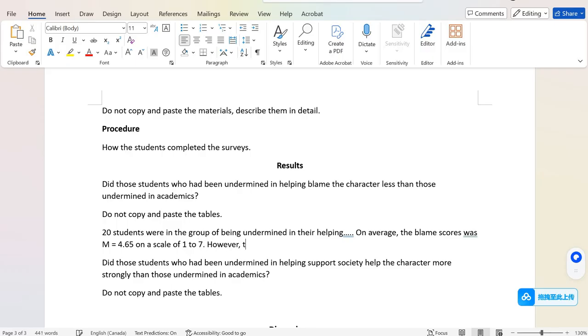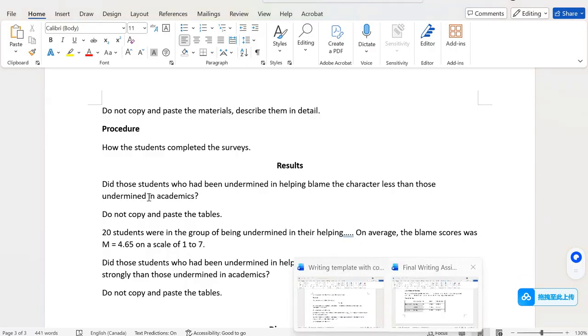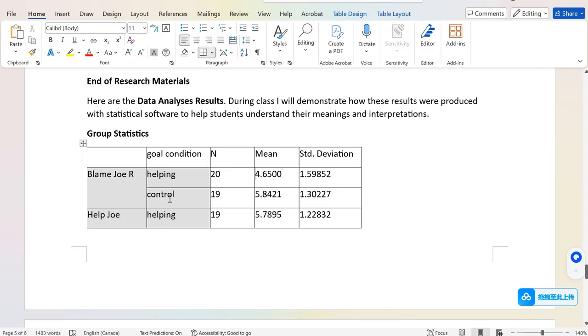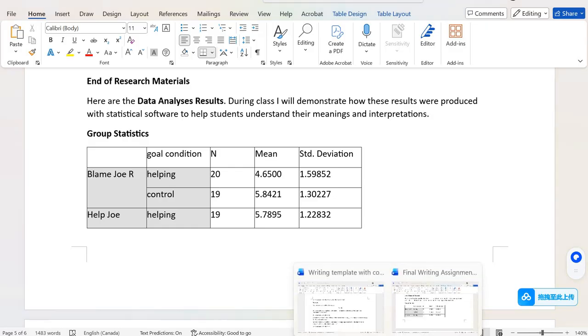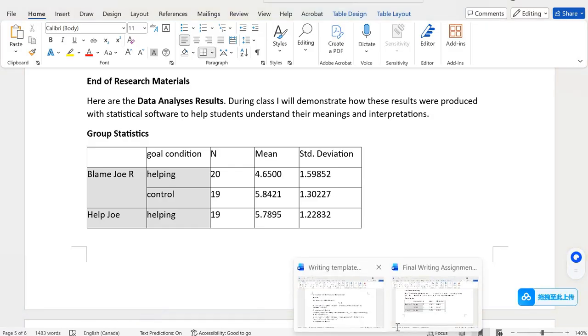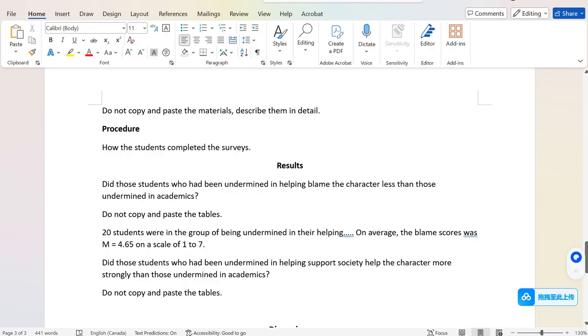However, well, what was the other group? The other group was the control condition. 19 people were in the control condition. And well, what happened in the control group?